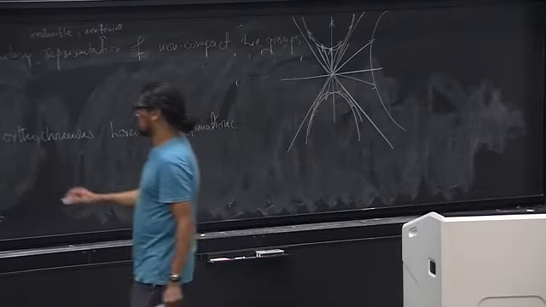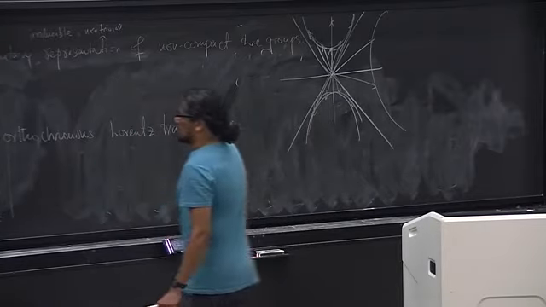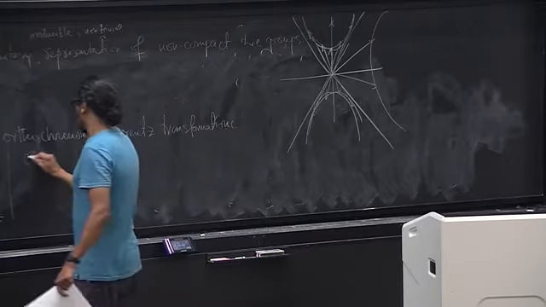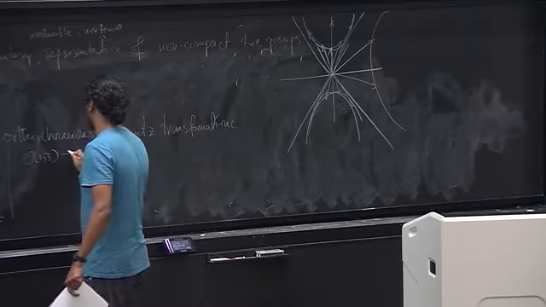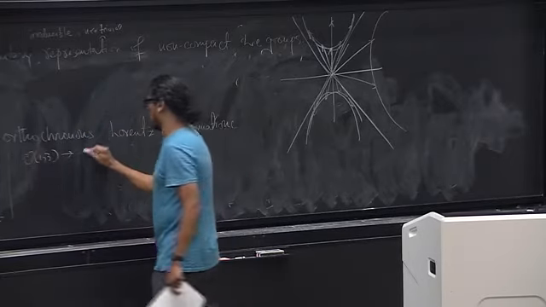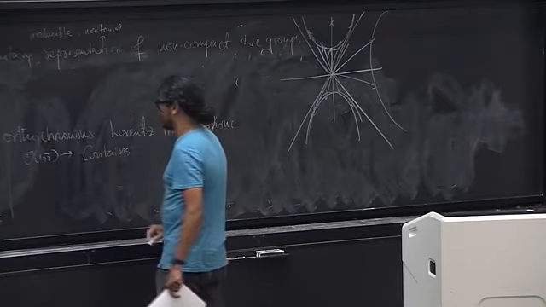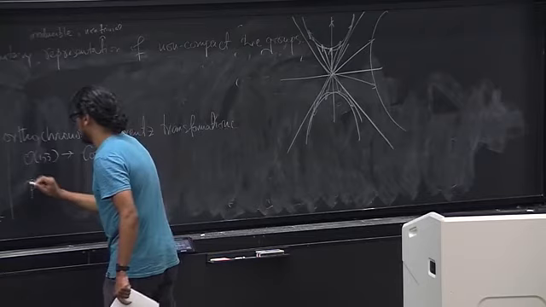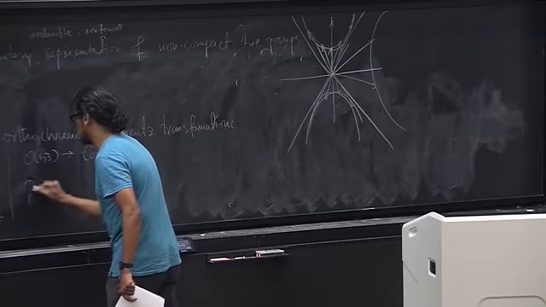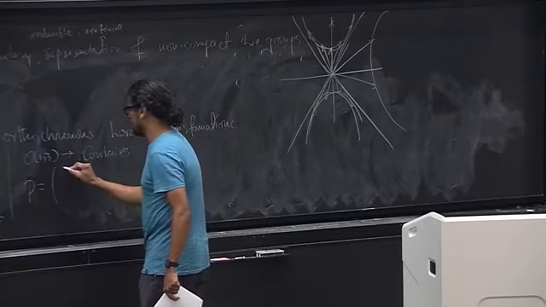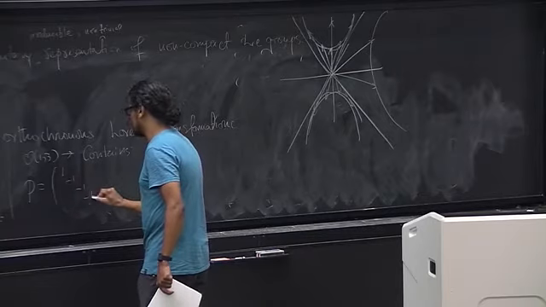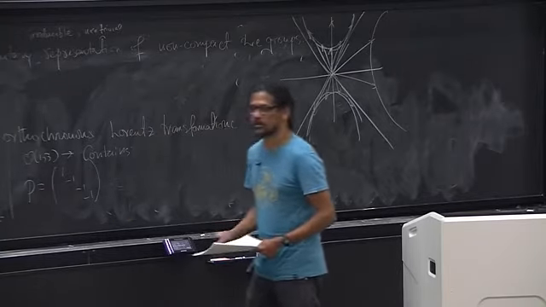So the O(1,3) group contains elements such as parity, which inverts all the directions of space-time.